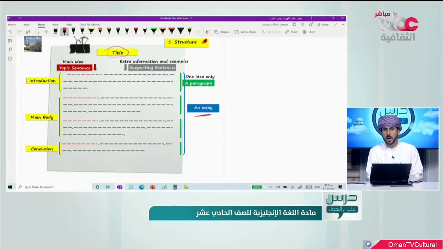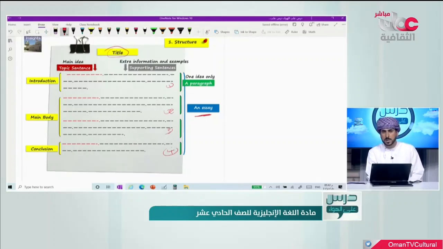Now, what is an essay? An essay is a set of paragraphs or a group of paragraphs. You notice that we have here, in this case, 4 paragraphs. This is number 1, this is number 2, this is number 3, and this is number 4. So an essay is a group of paragraphs. Now, what is a paragraph?